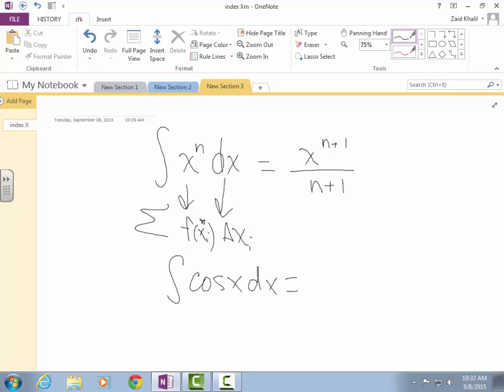But I made a critical mistake here. Anybody know what it is? Okay, so I reject the whole plus c, and the reason I reject it is because we're always going to be dealing with definite integrals. So I'll put a, b. From a to b, what does this mean?